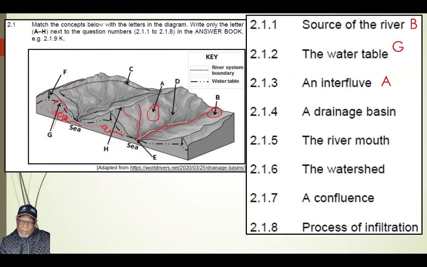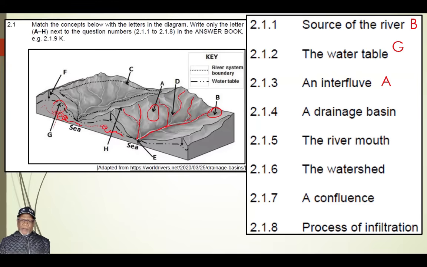These streams that you see here are separated by these high-lying areas between them. It is called interflow. So an interflow is a high-lying area that separates the streams within the same drainage basin.